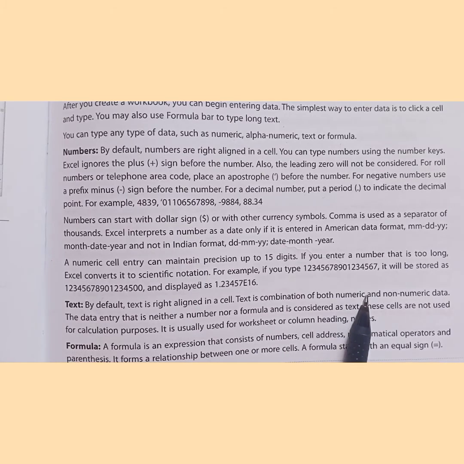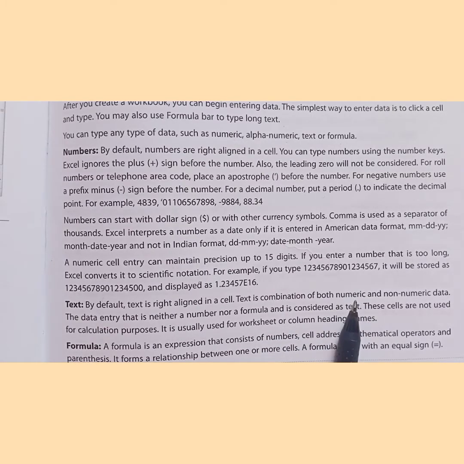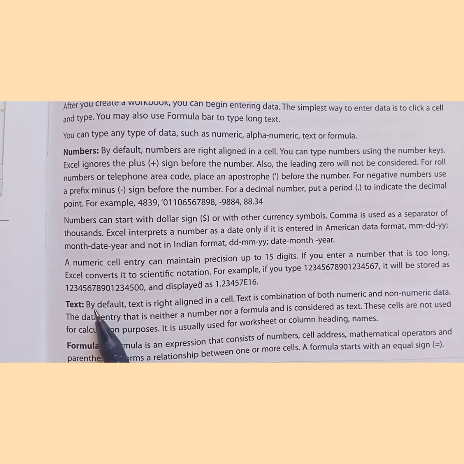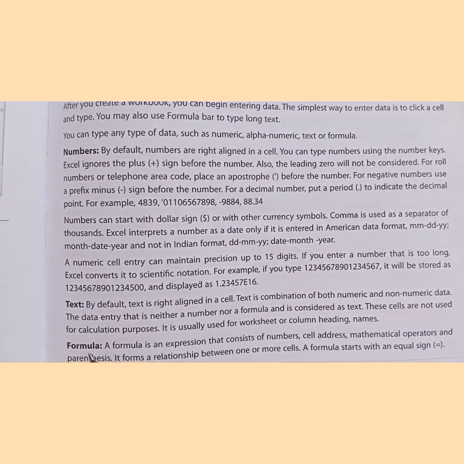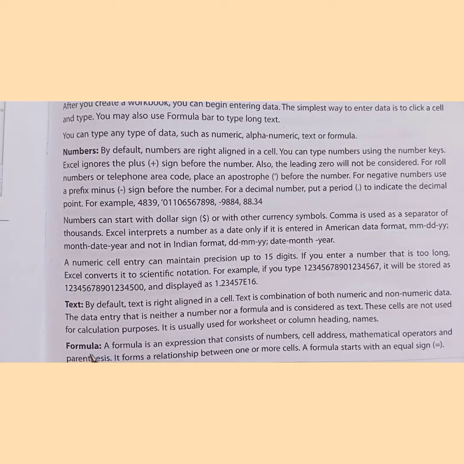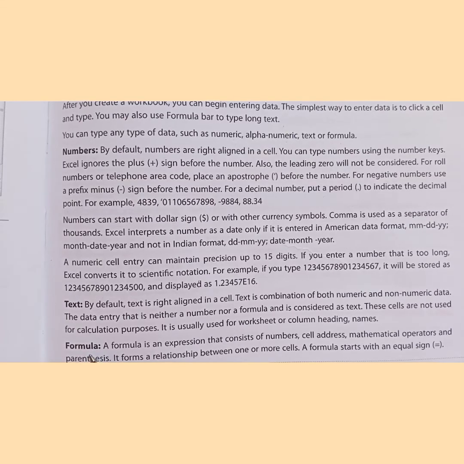In this one, whenever we make use of a number as text, those numbers can't be used for calculation purposes. If you are writing numbers for calculation purposes, always remember to keep them in the format of numbers only. Then the next type of data that we can fill is the formula.